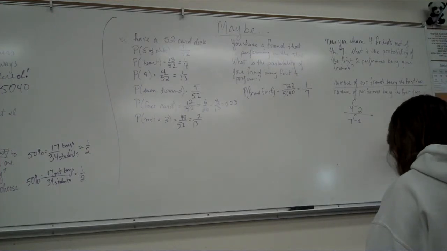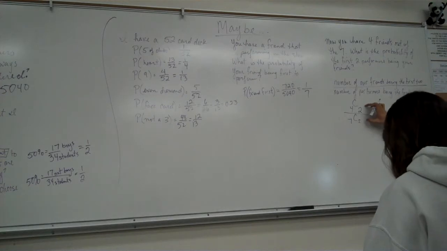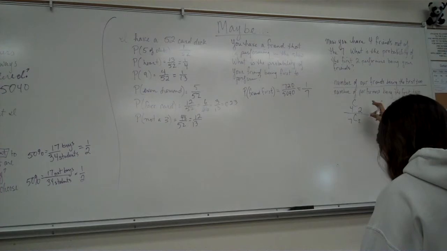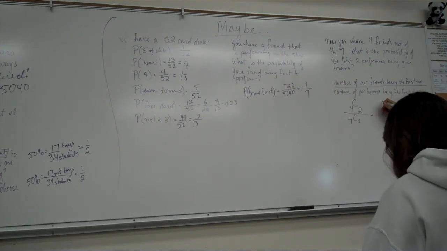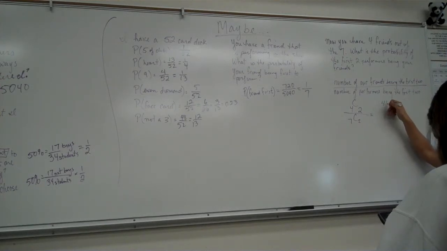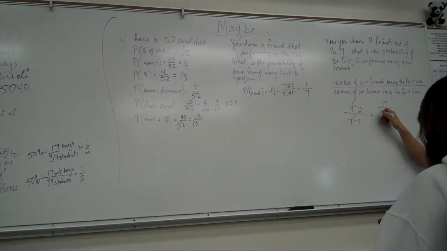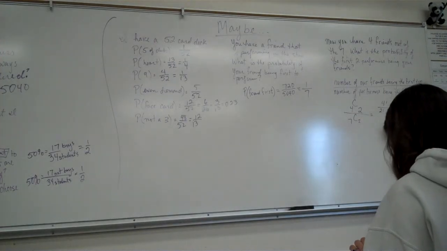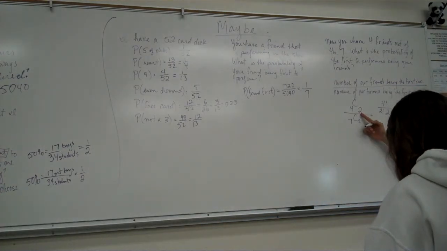Okay, so now that we've put these down, from here it's just academic. Actually, it's more algebraic. So 4 choose 2. How do we do that with factorials? 4 factorial over 2 factorial, and then another 2 factorial, because not only do you put the number there, but you also have to subtract.